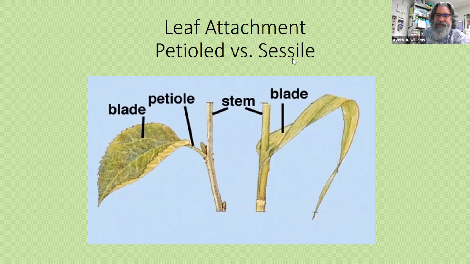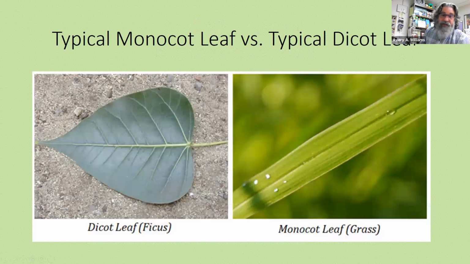And then versus a sessile leaf. Sessile just is where it looks like the blade connects directly to the stem without the use of a petiole. So that's where you see this, just like all blade, no petiole. That's this. So this would be a sessile leaf versus a petiole leaf. That's all it is. And so just some differences to see. Certain groups of plants will have different types of leaves.